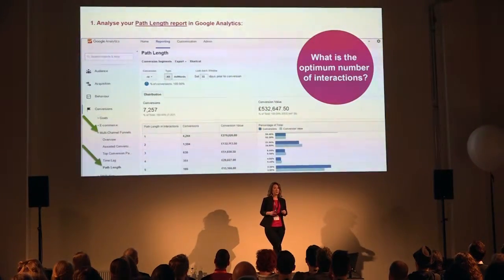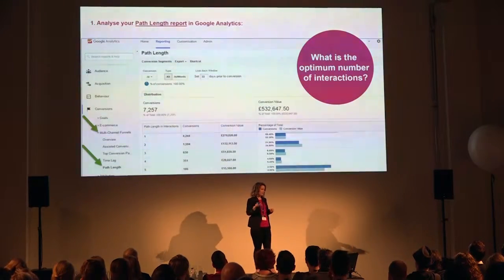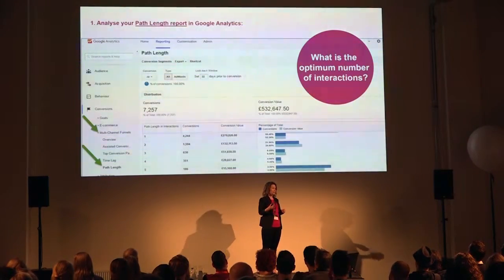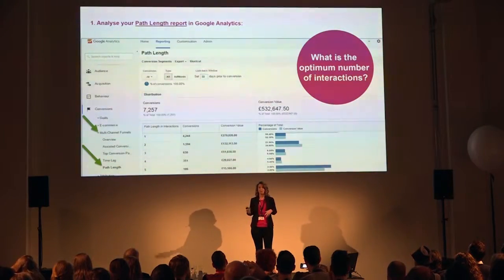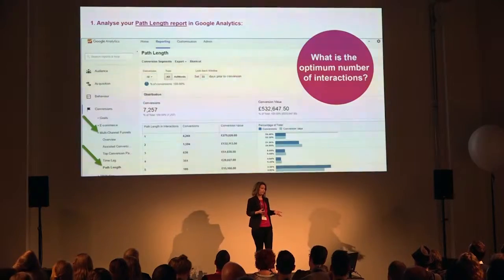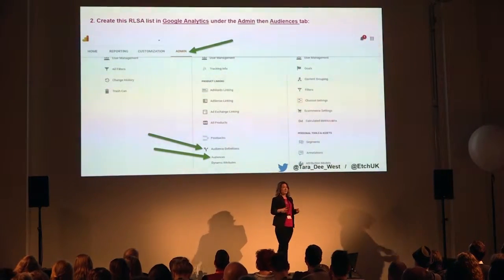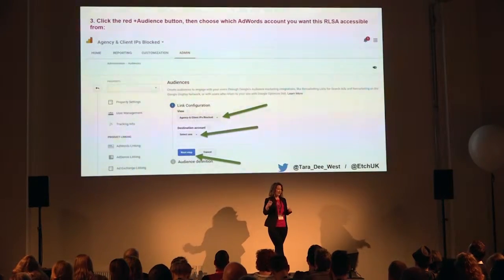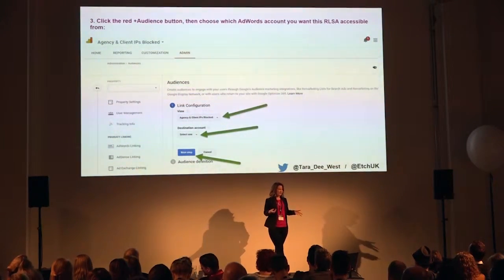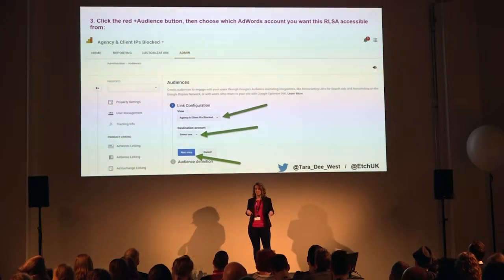To set this up, you'd start by analyzing your path length report in Google Analytics. This is under multi-channel funnels, and it basically shows you how many interactions people have with your site before they make a conversion. You then create the list in Google Analytics under the admin tab. You go to audiences and click the red create audience button, and then you link the AdWords account that you want this audience to be available in.